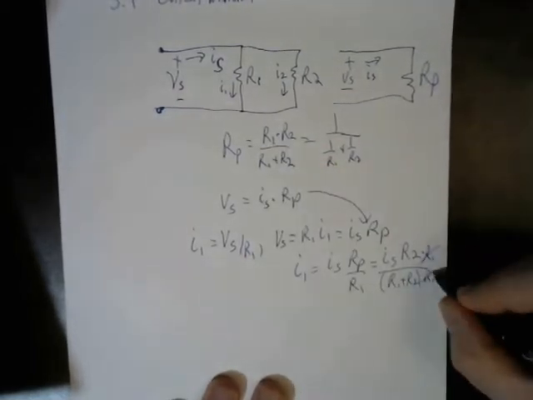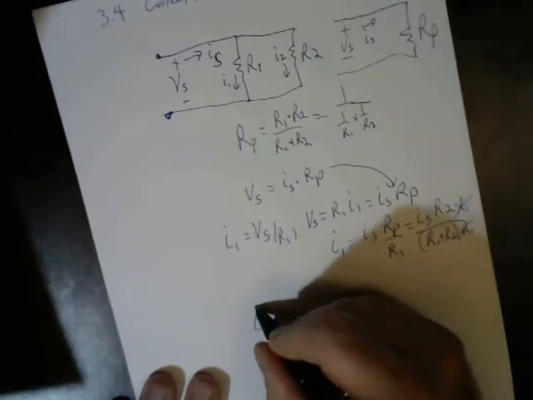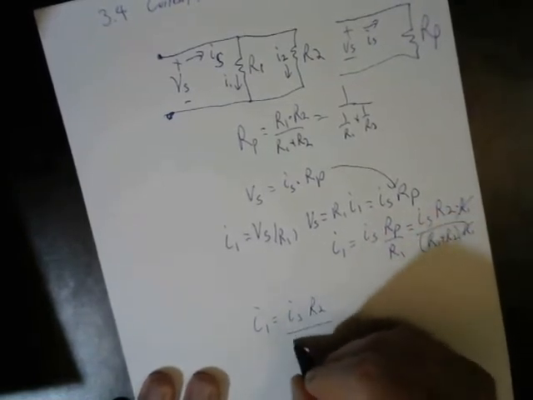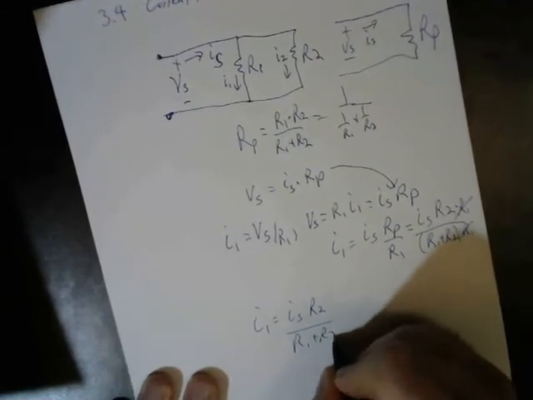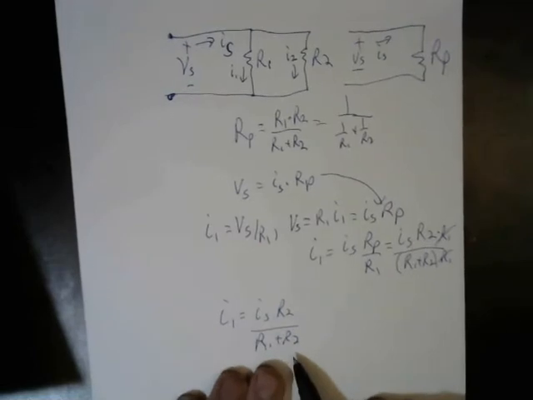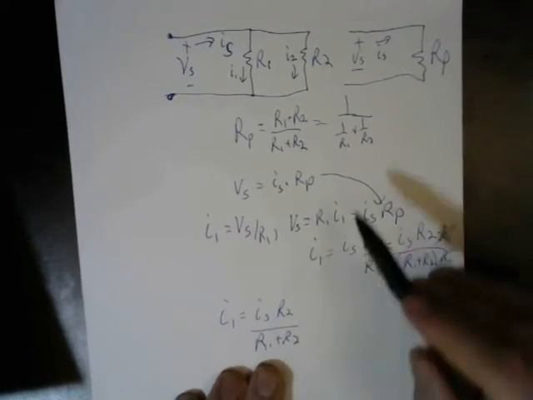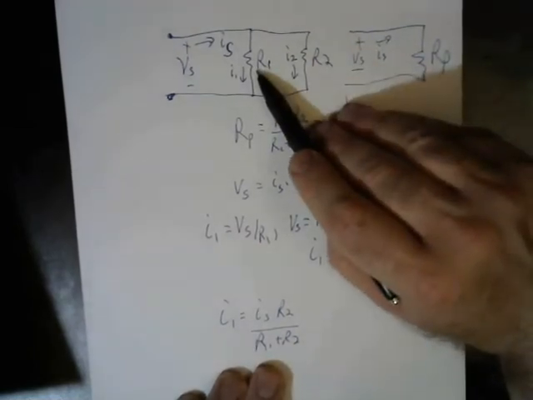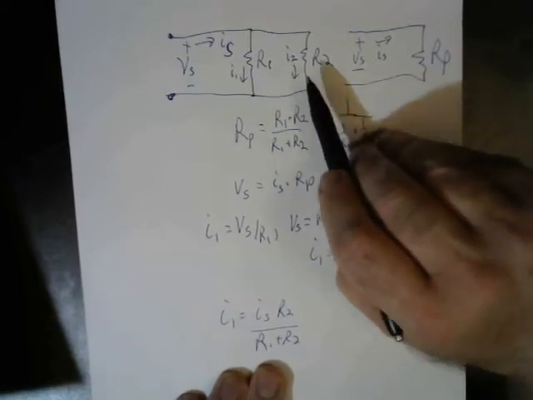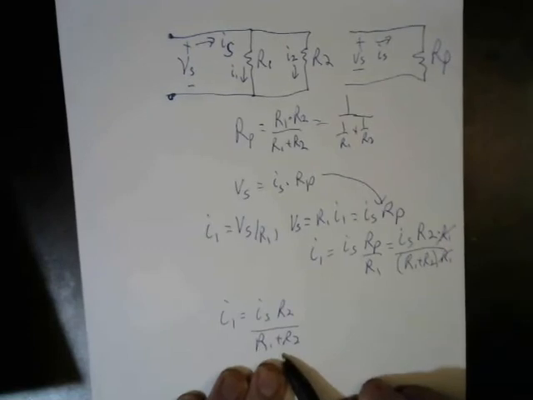The two R1s cancel and you end up with I1 equals IS R2 over R1 plus R2. Now let's look at that. It's a lot different than the voltage divider equation. The current in this resistor depends on the magnitude of this resistance divided by the sum of the two resistors.